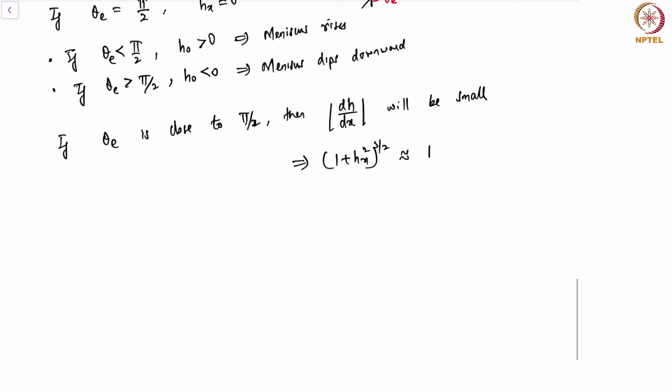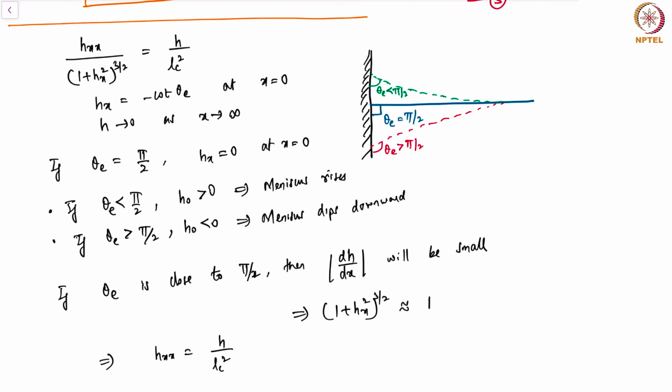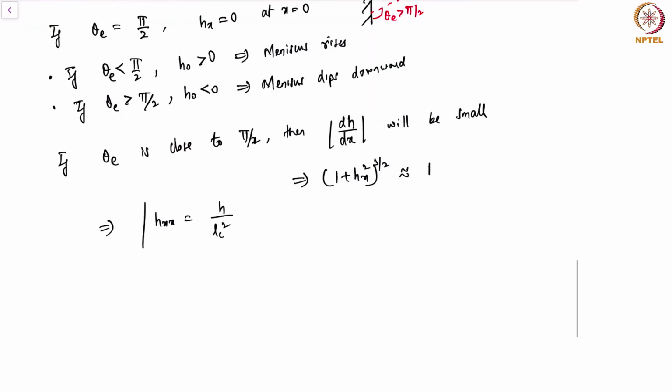And if this happens, then the equation essentially becomes hxx is equal to h by LC square. This is what we have, right? Now let's examine this equation. It's still a second order equation with two boundary conditions.